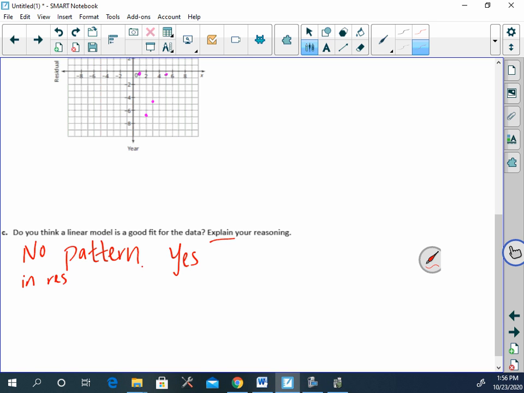I might want to specify that a little bit. And then we can say, yes, or you could say yes because there's no pattern in the residual plot. So no pattern would be a yes. If there is a pattern, that's when it's a no.